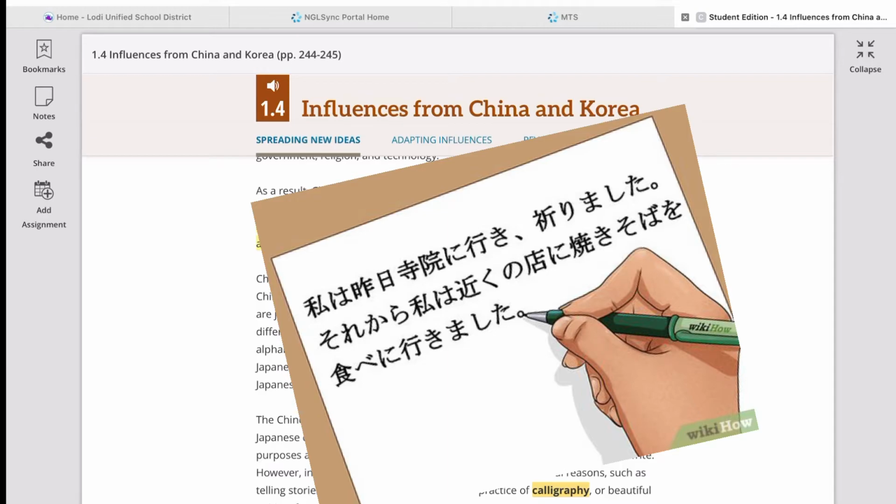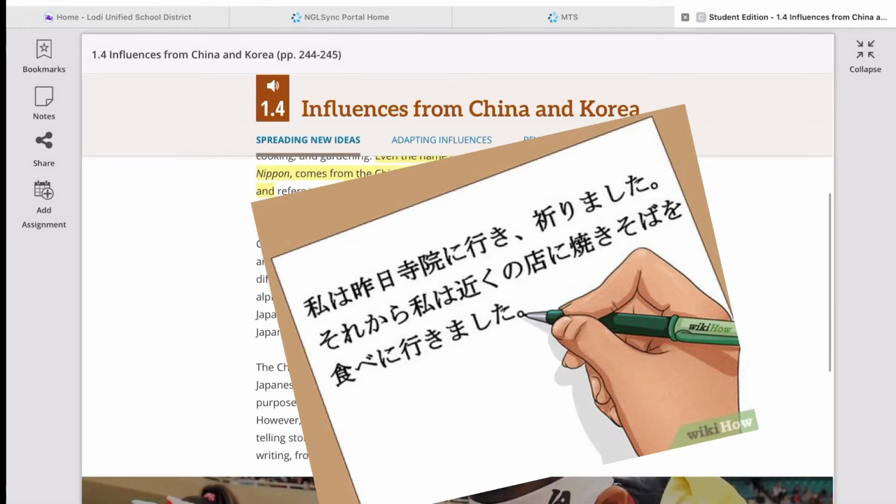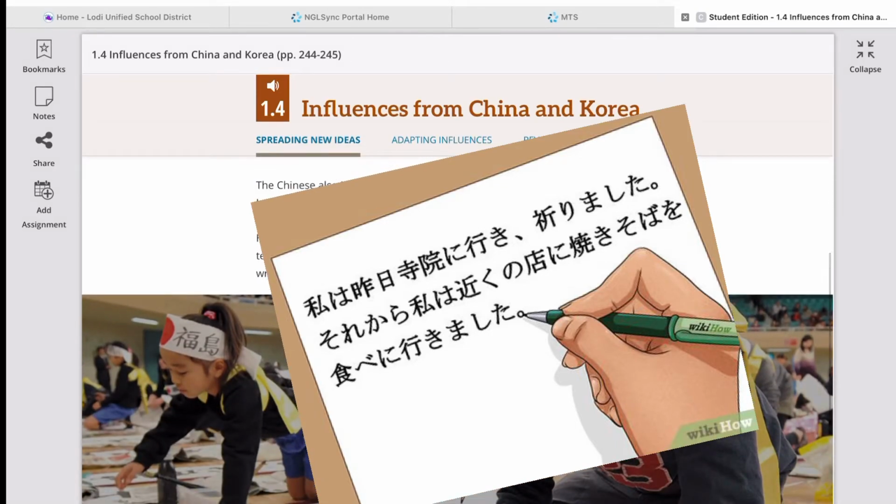Not just the method of writing, the Chinese also influenced how the Japanese viewed writing. Initially, the Japanese considered writing to be just for practical purposes, such as keeping records. Japanese aristocrats, for example, did not bother to learn how to write, so in some sense they were illiterate.